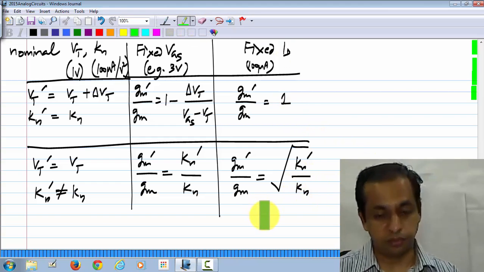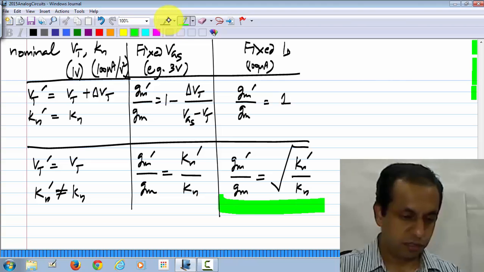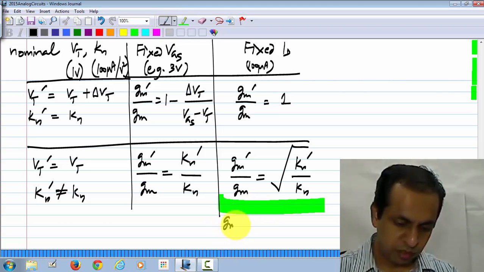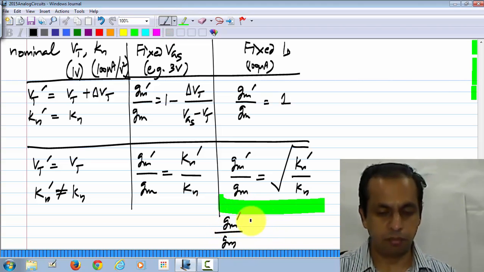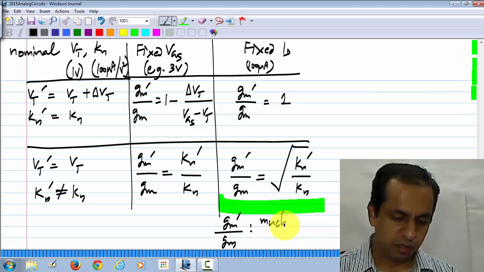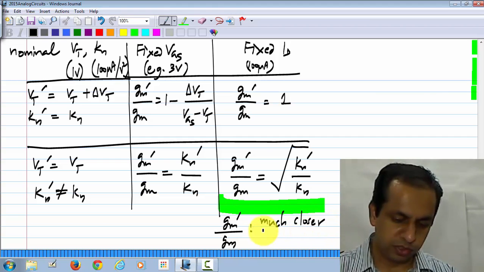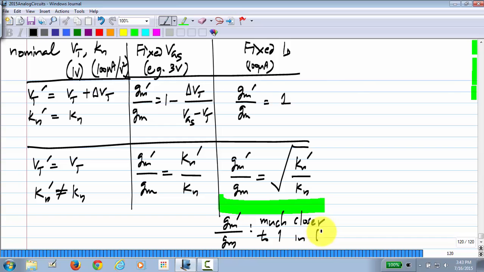So it's very easy to see that Gm prime by Gm is much closer to 1 in this case. First of all, in case of Vt change, there is no effect at all, which is great. And in case of current factor change, we have the square root.